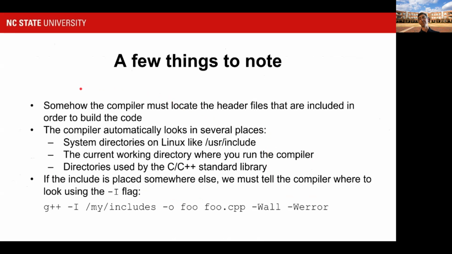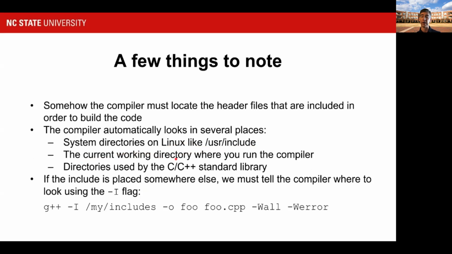Somehow the compiler has to locate header files that are included in order to build the code. And the compiler by default looks in several places. It's going to look in the system directories on Linux or Windows or Mac, whatever system you're running on. There'll be special system directories like /usr/include that are expected to hold header files. It's going to look there for a.h. It's also going to look in the current working directory.